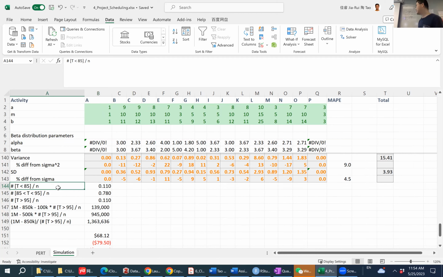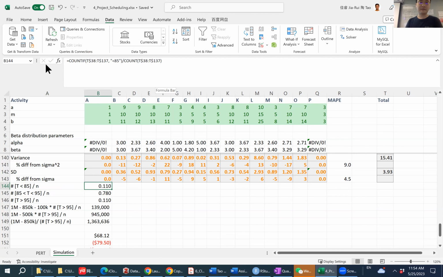To calculate the probability that the activity can be completed within 85 days, you divide the number of cases out of 100 that have a total duration smaller than 85 by the total number of cases, which is 100, because I created a sample size of 100.